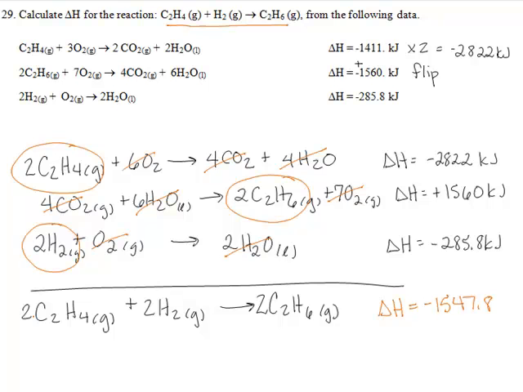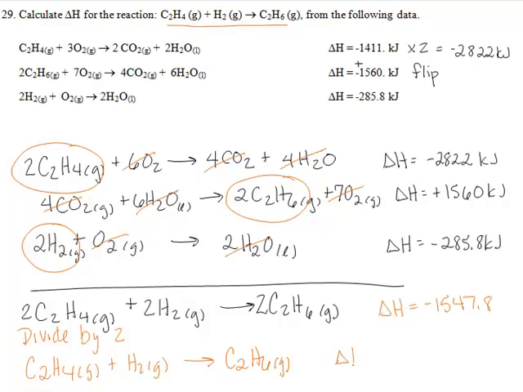So we need to divide everything by 2, which would leave us with C2H4 gas plus H2 gas yields C2H6 gas. Half as many molecules means half as much energy, so we also need to divide our delta H by 2. And when we do that, we get negative 773.9 kilojoules, and that is our final answer.